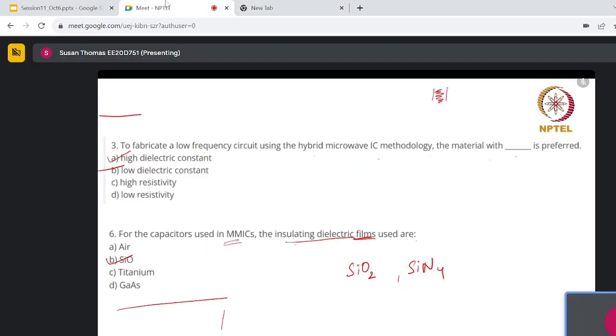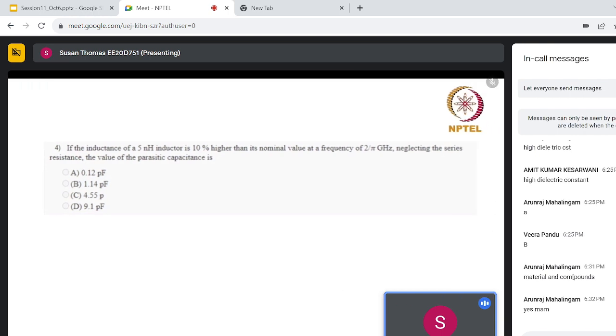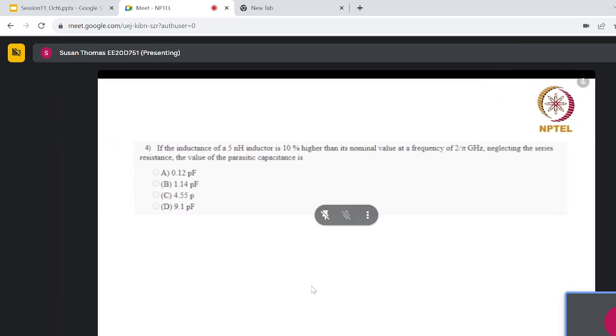So we'll move to a few numerical questions. I request everyone to try with me and give the options. Here you have an inductance, say 5 nanohenry.